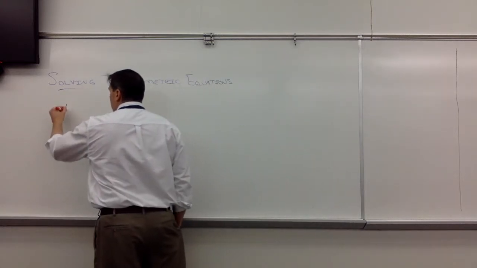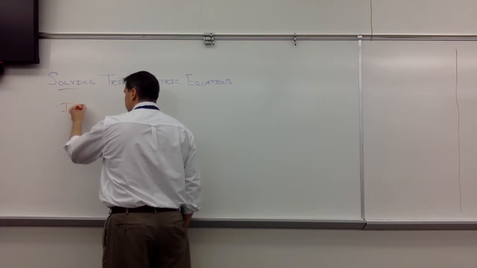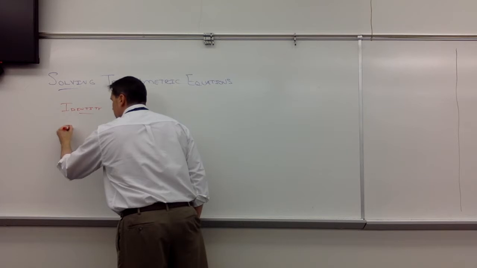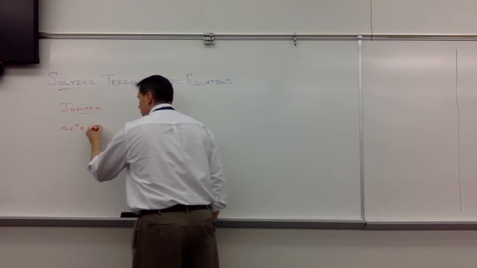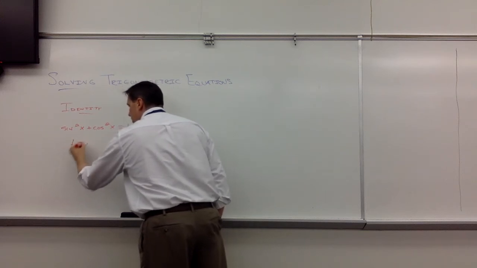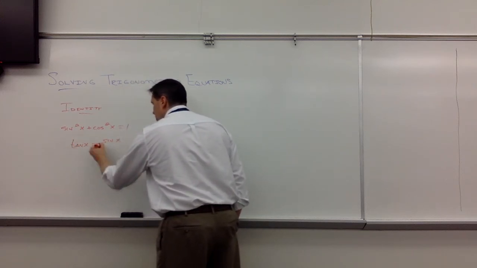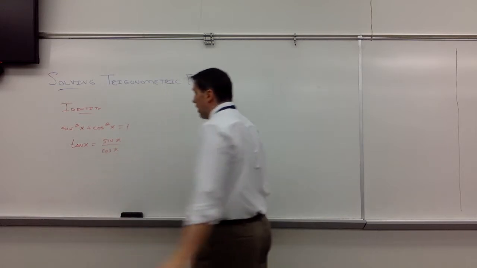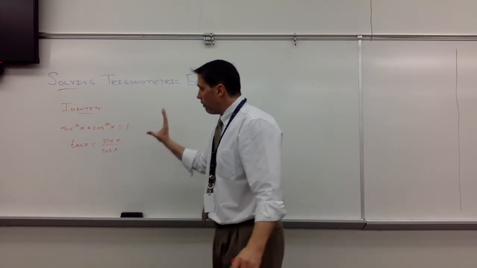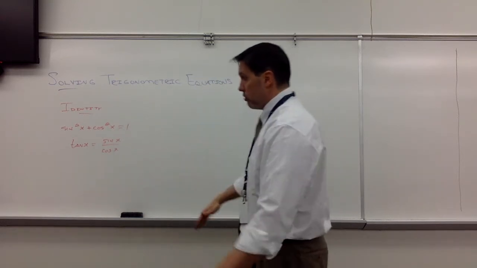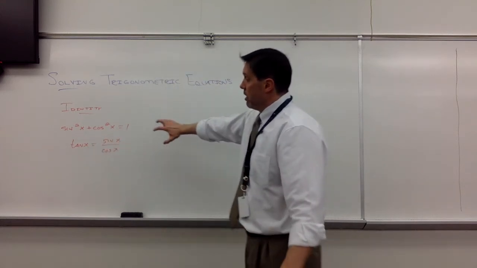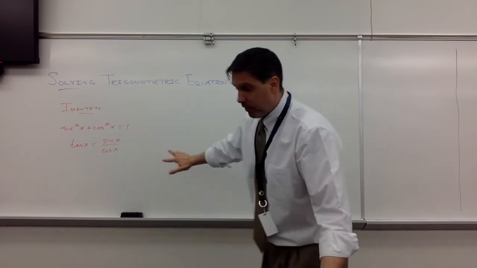When we talk about an identity, we're referring to something like sine squared x plus cosine squared x equals 1, or tangent of x is equal to sine of x over cosine of x. Now, granted, these are equations, no doubt about it, but these equations are true for all values of the variable. Assuming that they're in the domain of the function, we have to be a little bit careful with tangent, of course, but the idea is this is true for all values of the variable.